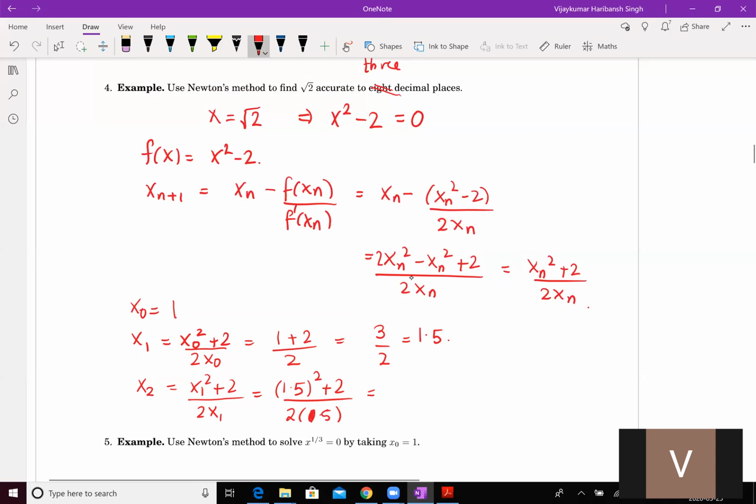So let me do this calculation on my computer here, on the calculator. So I'm doing this calculation on my computer, so it will take a minute.